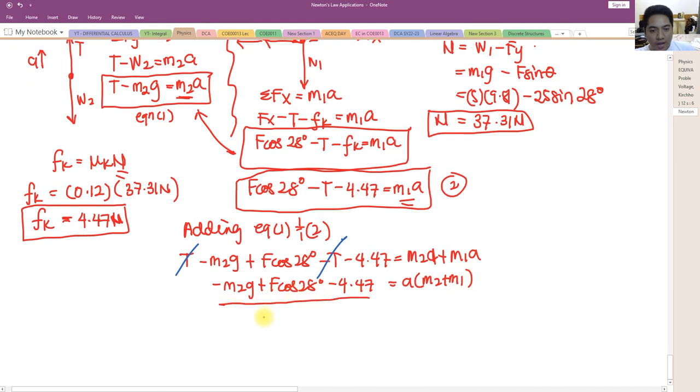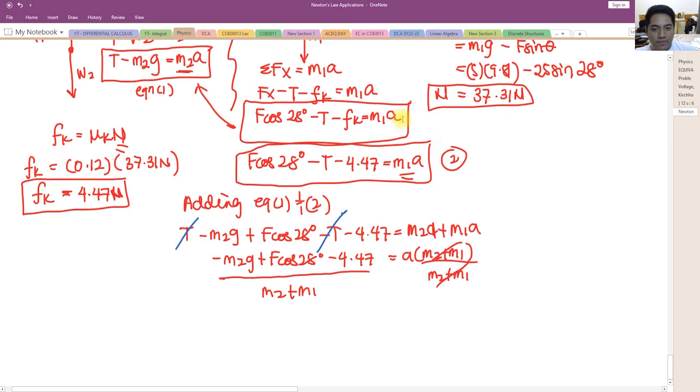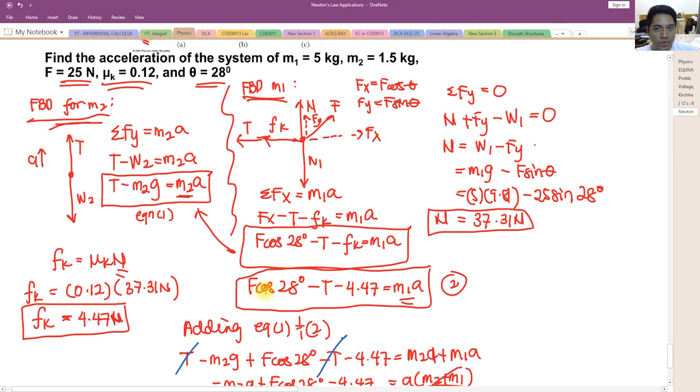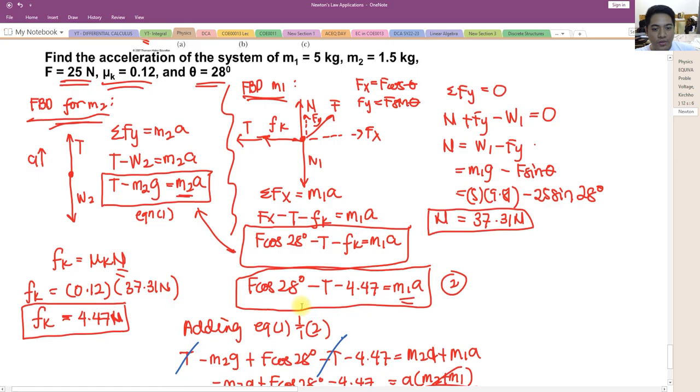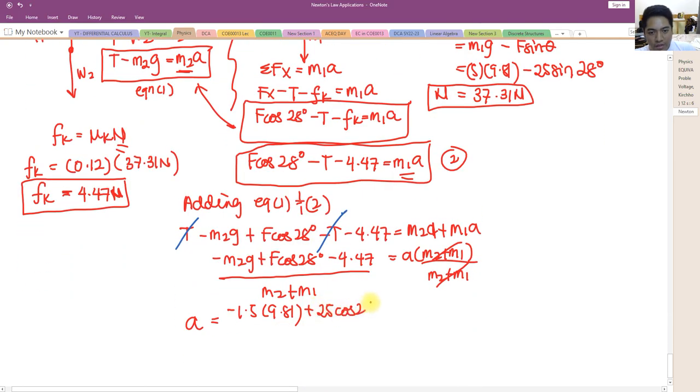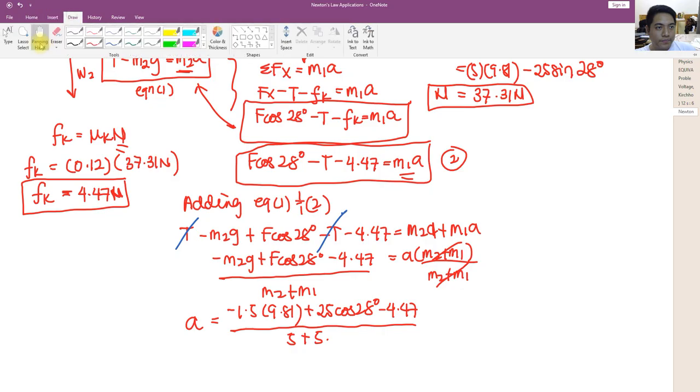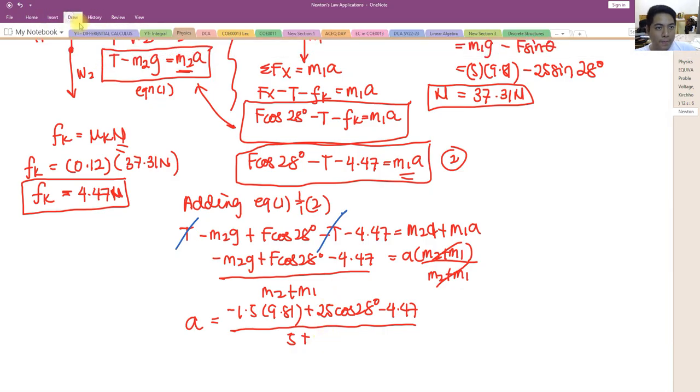So divide both sides by m2 plus m1. You now have a is simply negative m2, which is 1.5 kilograms, times 9.81, plus F, which is 25 newtons, 25 cosine of 28, minus 4.47, all over M1 plus M2, that is 5 kilograms plus 1.5 kilograms.